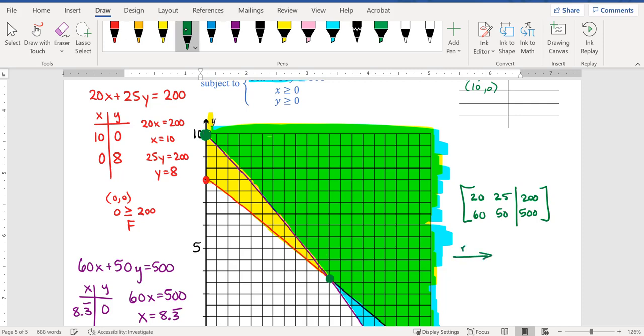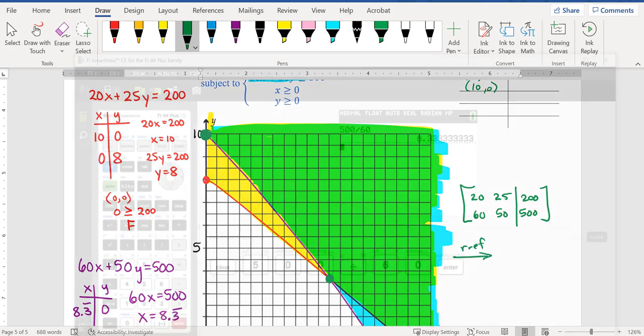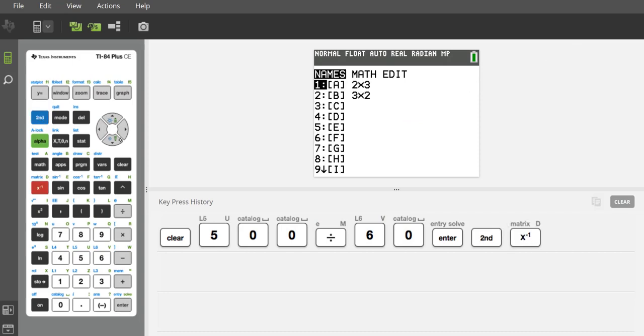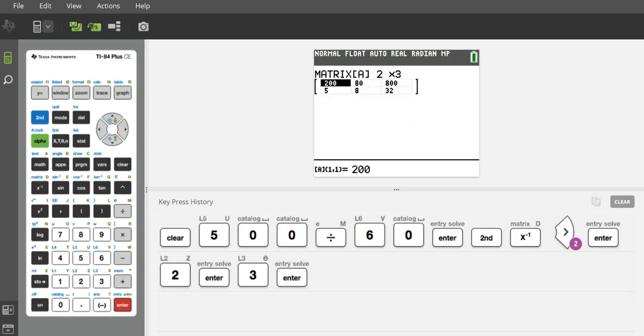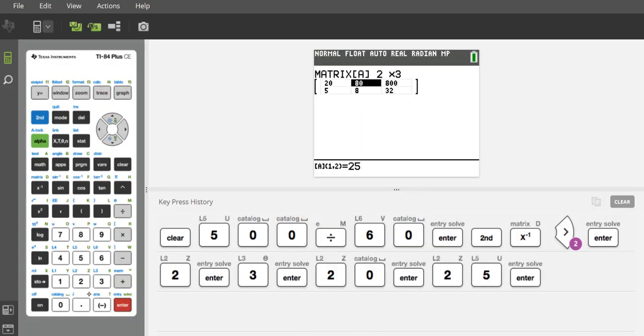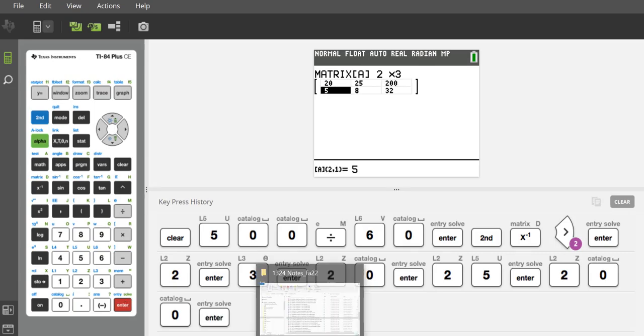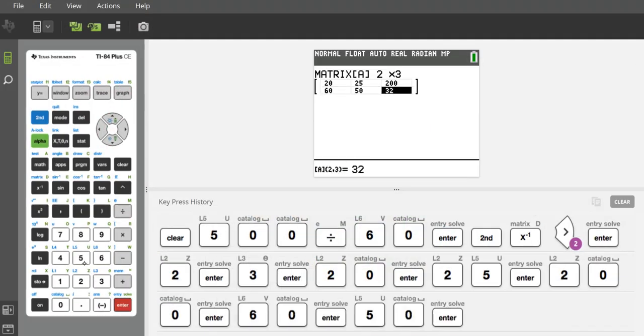Let's go RREF that. Second matrix edit. It's a 2 by 3. First row is 20, 25, 200. The second row is 60, 50, 500.